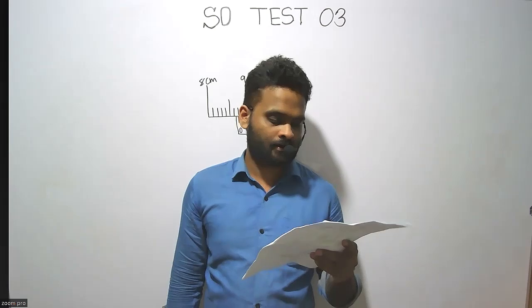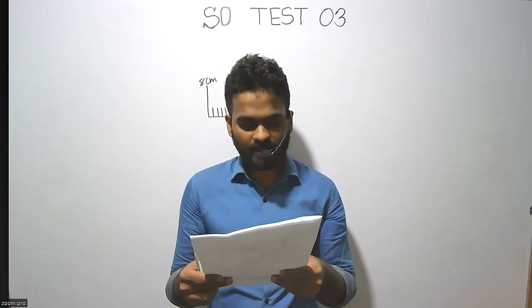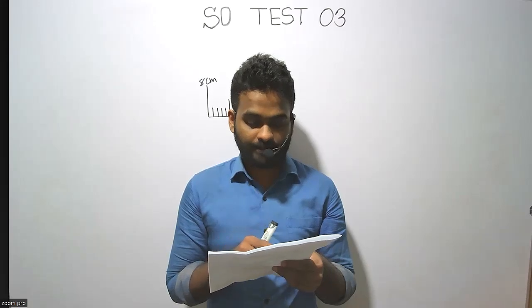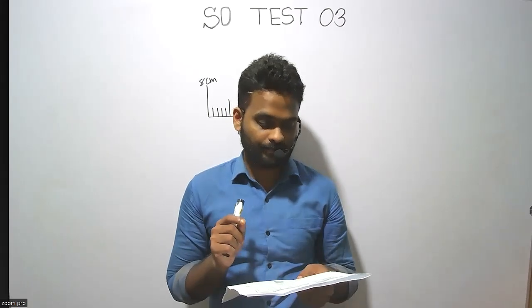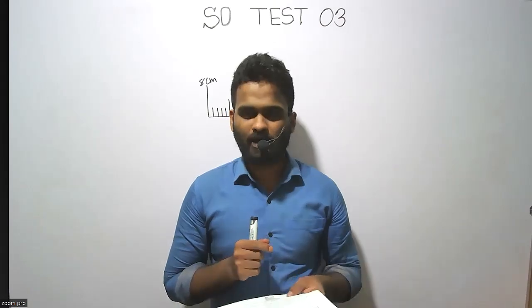Right. Seventh question. The image shows a main scale and a vernier scale of a measuring instrument. The reading shown by the image is in centimeters. Note that the least count is 0.1 millimeters.